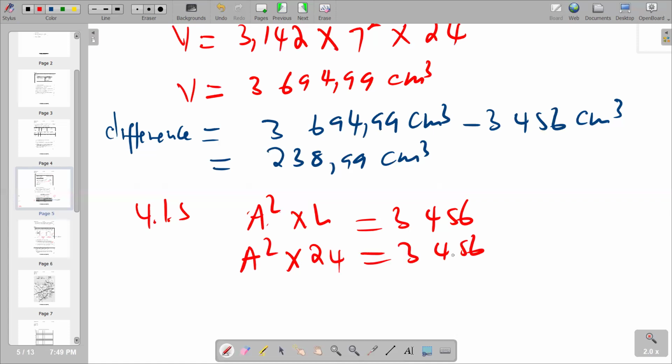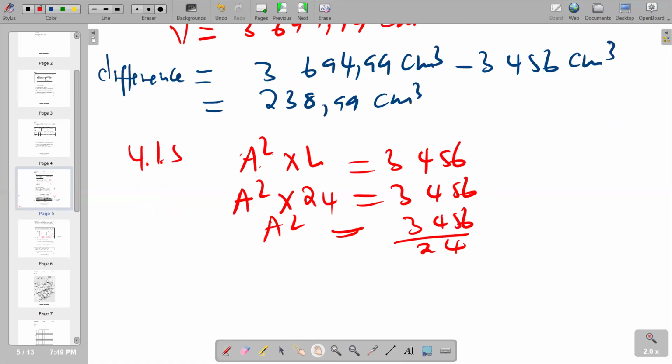So to get our a squared, we divide by 24 on both sides. So it becomes 3,456 divided by 24. You take 24 to the other side, it becomes a division. So with that, it becomes a squared. If you divide this side, you are going to get your answer as 144. And of course, now you find the square root of both sides.